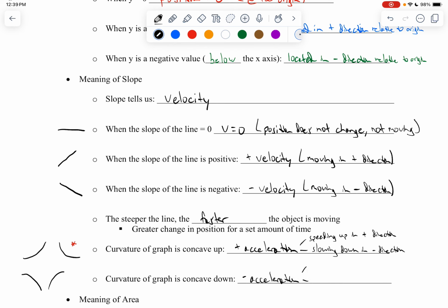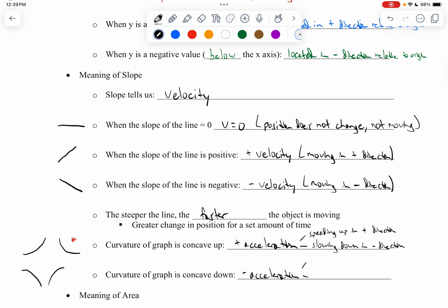So again, the two possible cases for this, the one that is shown on the left there, what happens is we are moving in the negative direction, but because our line is getting steeper and steeper, it means we're going to be speeding up. So getting faster in the negative direction is one way we can have a negative acceleration.